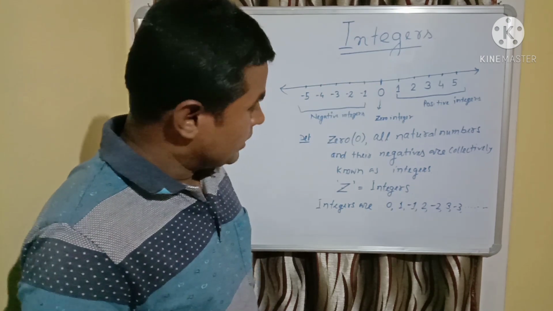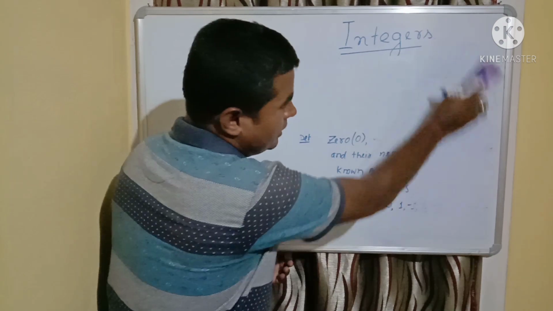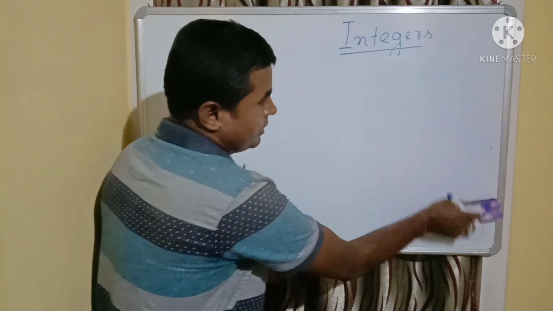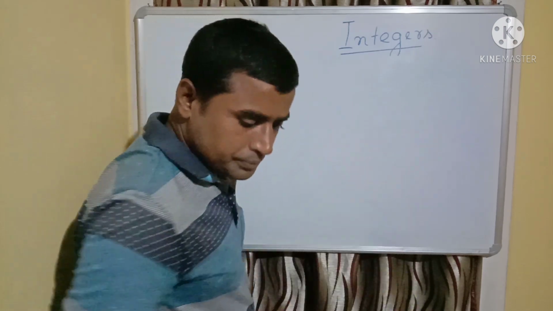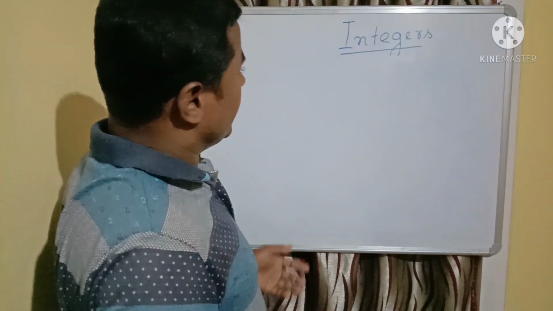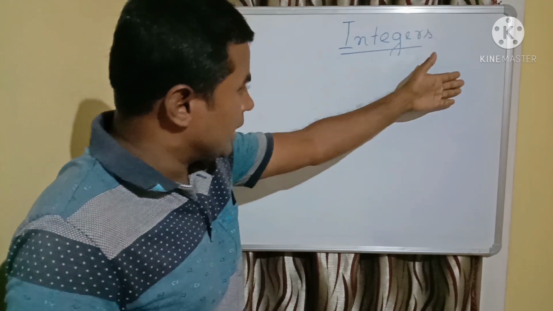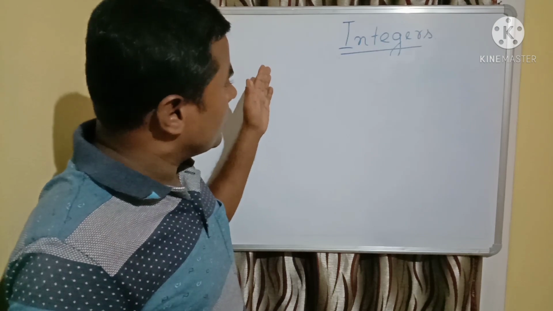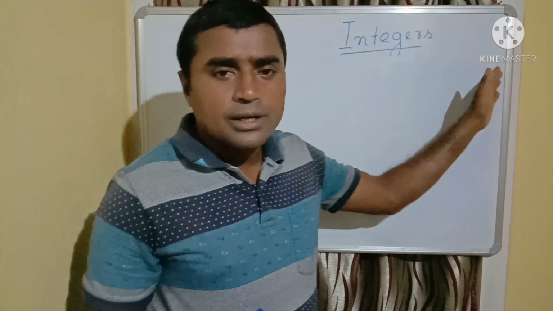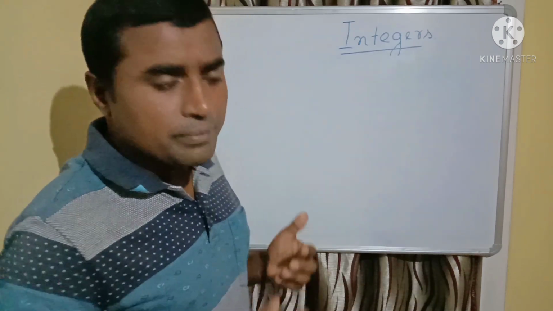On the number line, whenever you go from right side to left side, you get a smaller integer, and whenever you go from left side to right side, you get a gradually bigger integer.